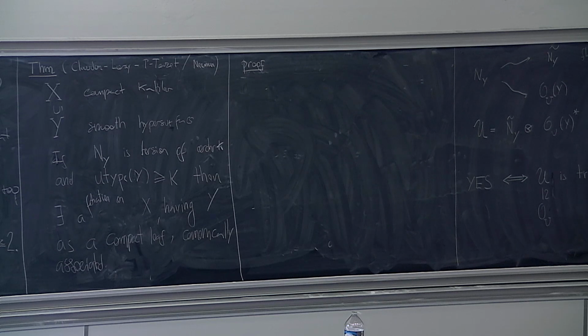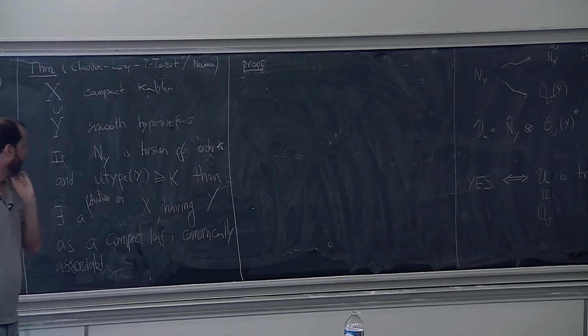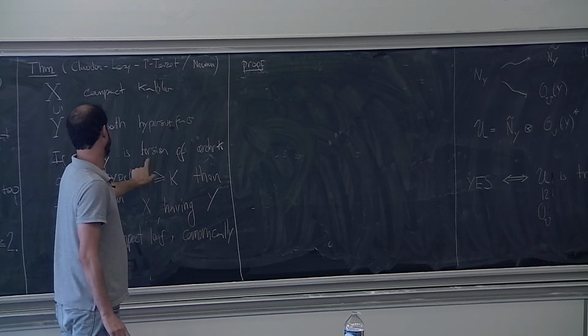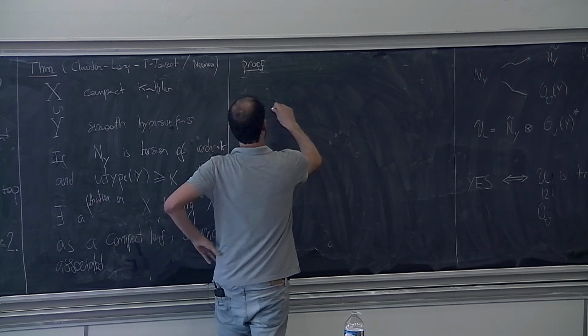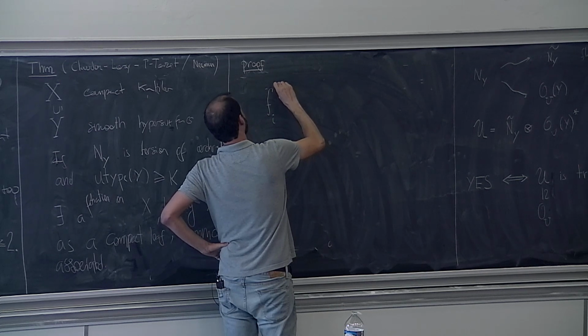So I'm taking f_i as the defining functions of Y, right? And I'm assuming that the order is k and the normal bundle is k. So let's just, instead of looking at f_i, look at f_i to the power k.